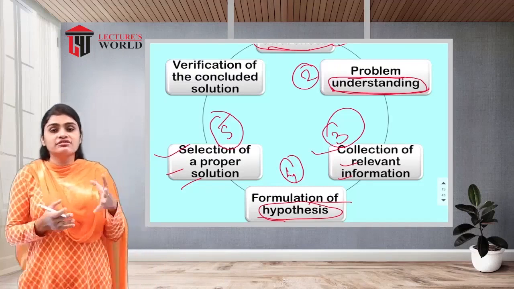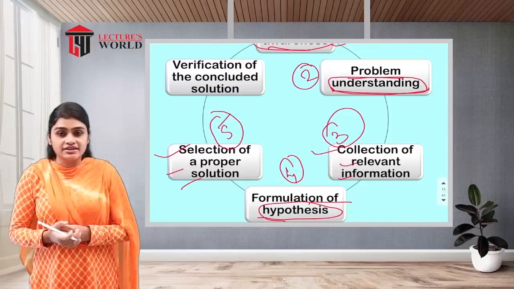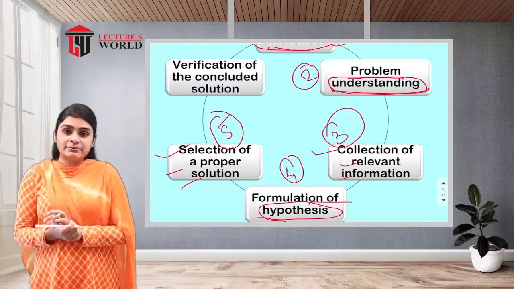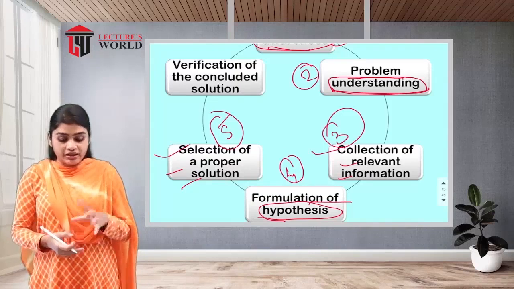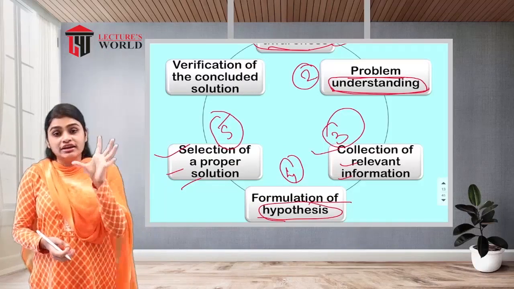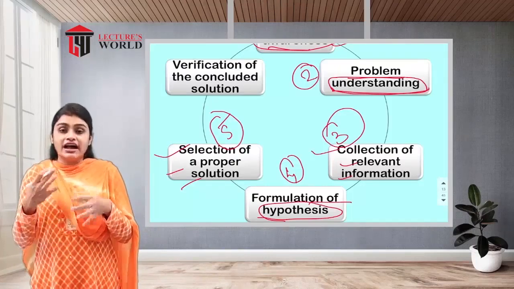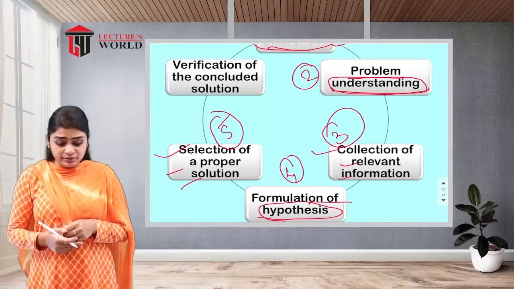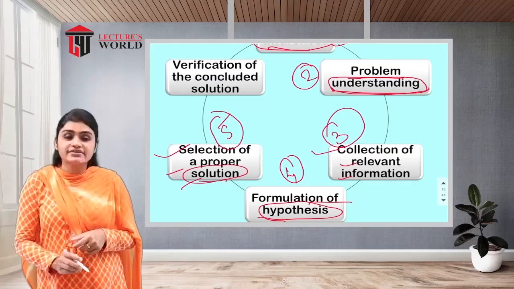The limitations and delimitations of all the solutions we need to check, and then only can we implement it in the current situation to solve the problem. So we have to select a proper solution that has been hypothetically tested and validated.